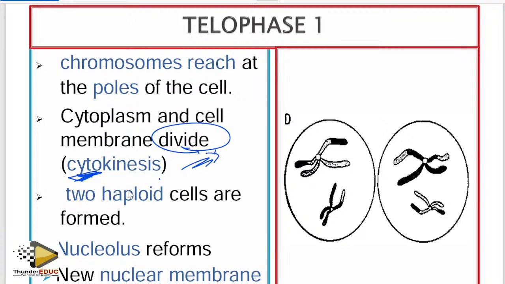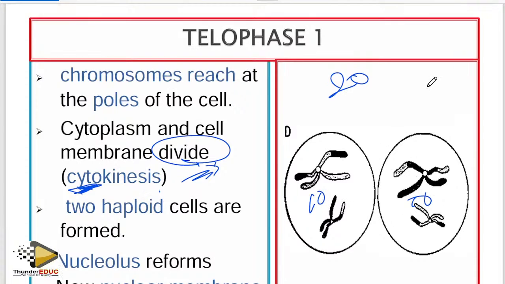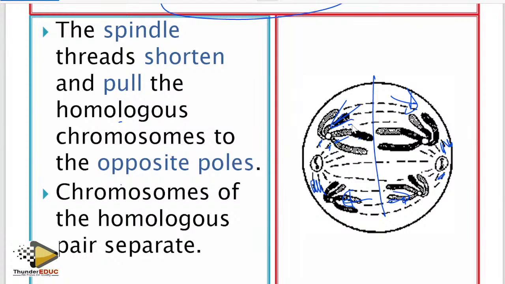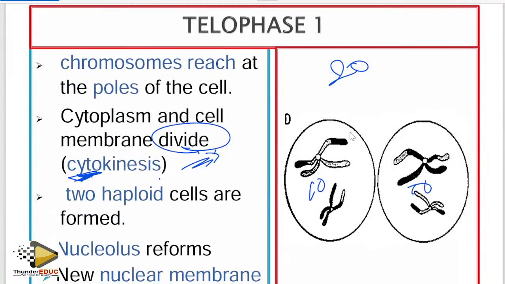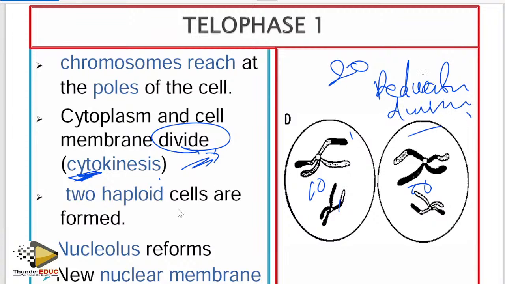So it means that I started with 20, now each is going to be 10. Check here. We started with 1 cell, but now each cell has 2 cells. That's why meiosis 1 is regarded as a reduction division.